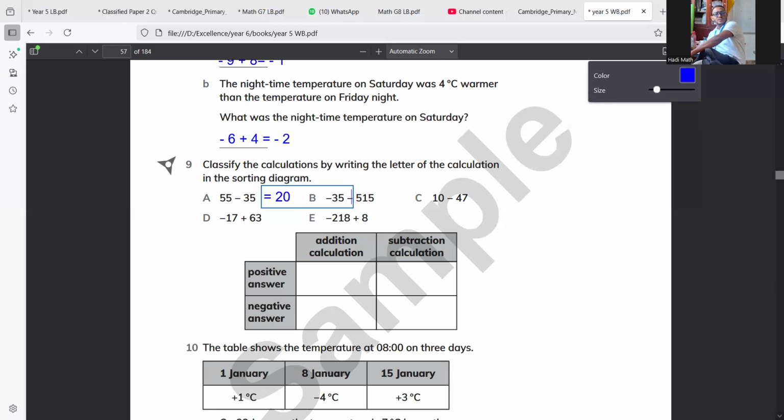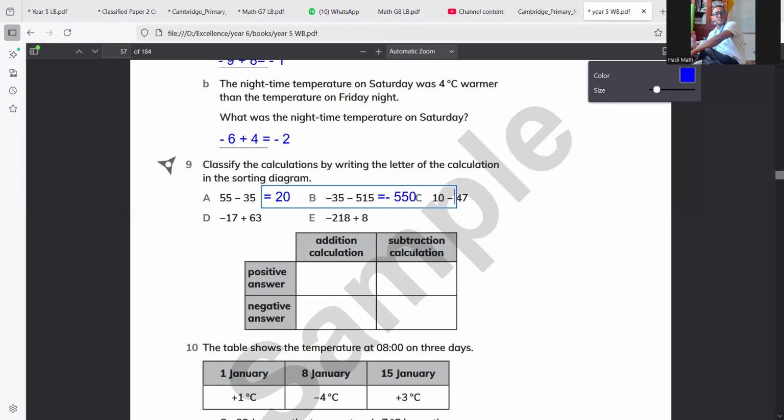Then look at number B. Both of them are negative. This is -35 and this is -515. Both of them have the same sign, so add them together. When you add them together, they give you 550. And put the sign of them. Their sign is negative, both of them, so you put the negative sign.